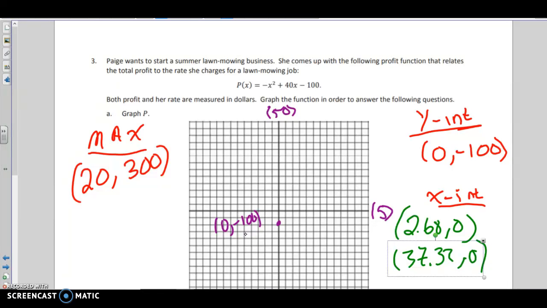I have an x-intercept at 2.68, 0. I then get to my max at 20, 300. So going up 6 boxes. 37.32, 0.